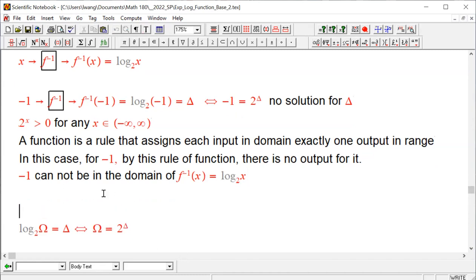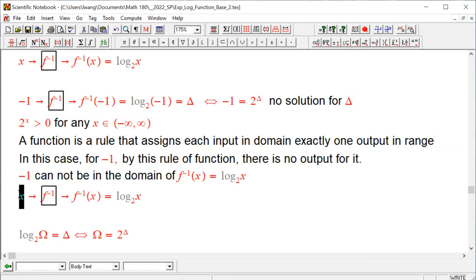How about 0? What if I have 0 as the input? What will happen? By definition, the place of omega is 0, so we need to find the triangle, a number such that 2 to the power of that number is equal to 0.